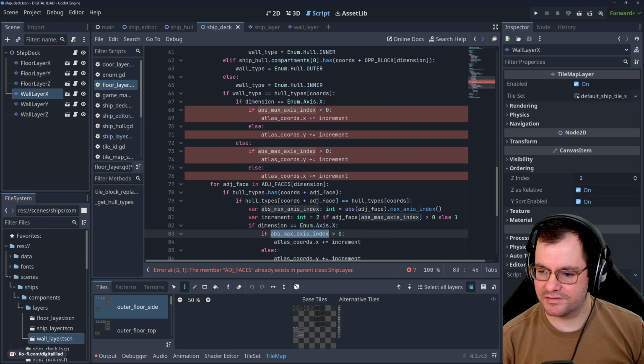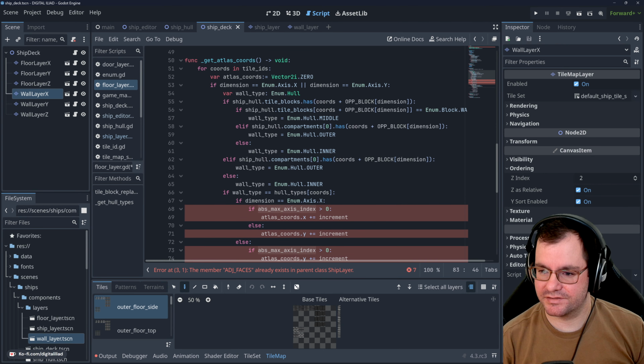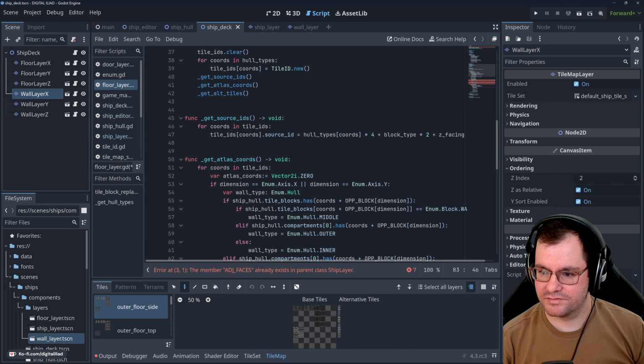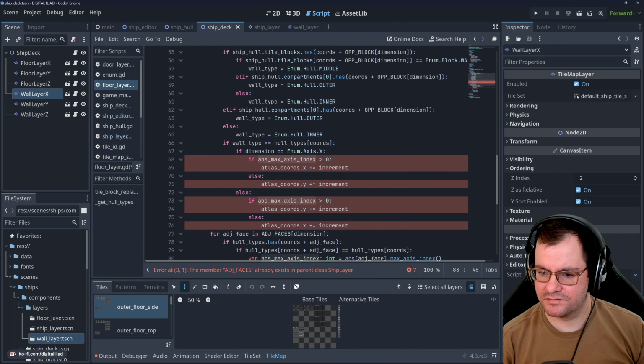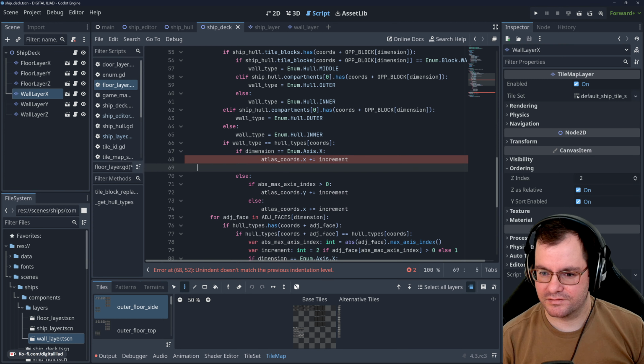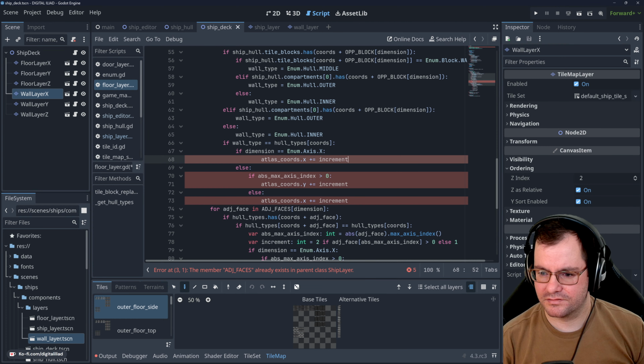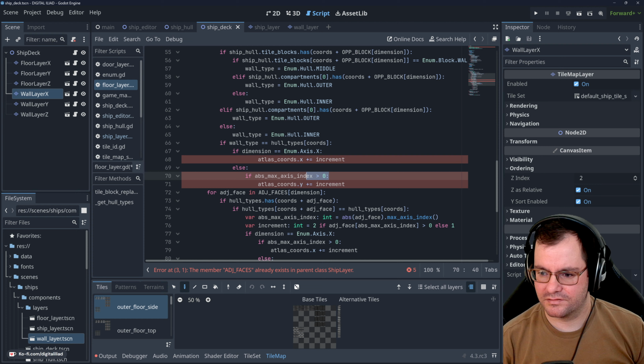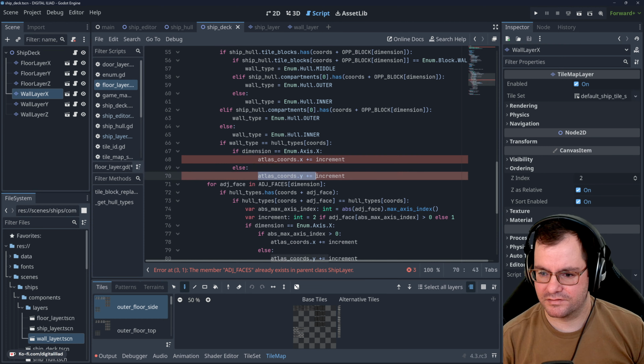So the adjacent faces max axis index in this case is 2. So if it's 2, it'll always be this for this case. Okay, so we can get rid of one of these branches. Here it would be Y. Okay, that makes sense. Hopefully that makes sense.